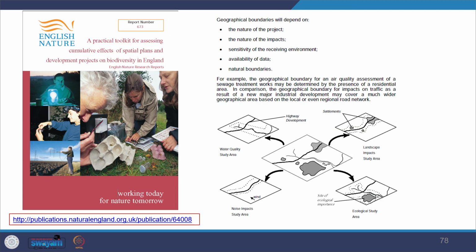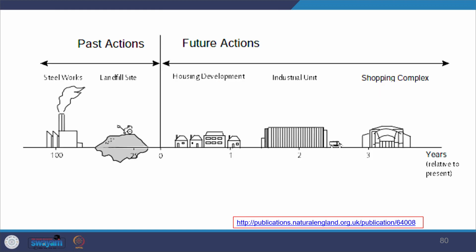Here in the example, from this practical toolkit I have taken, you can see how they look at the geographical boundaries, and how from various projects they integrate, merge together, and find a common boundary. While doing this, you have to take care of reasonably foreseeable future projects.